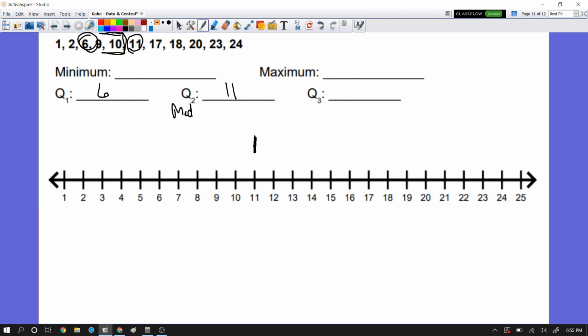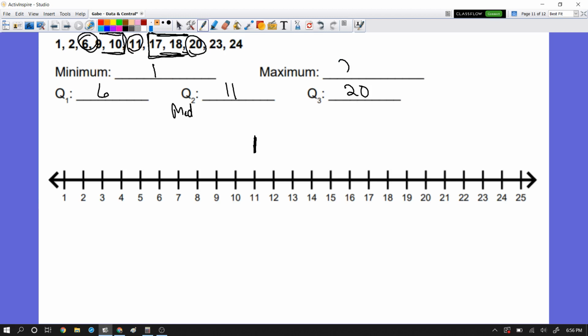Then we're taking the upper half, whose median is 20, and we're making that quartile 3. Minimum is going to be your lowest value. These are already sorted.